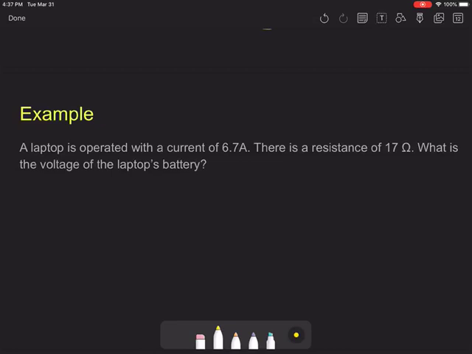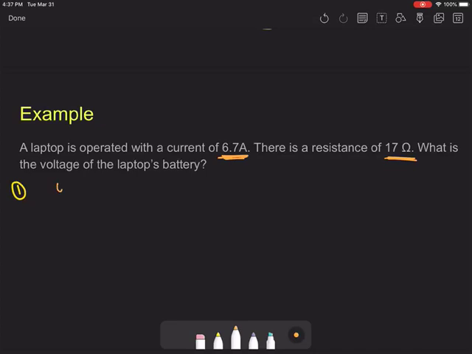A laptop is operated with a current of 6.7 amperes. There is a resistance of 17 ohms. What is the voltage of the laptop's battery? Okay. So again, we are going to start off by writing down everything we know. We have the 6.7 amps here, and we have these 17 ohms over here.